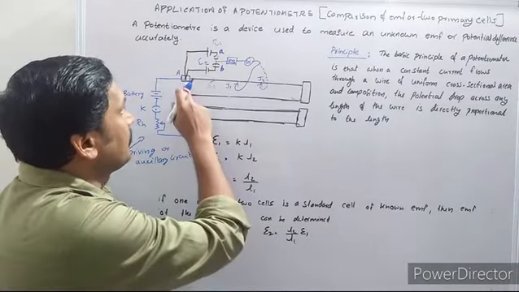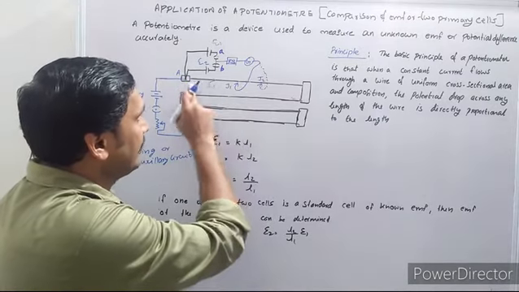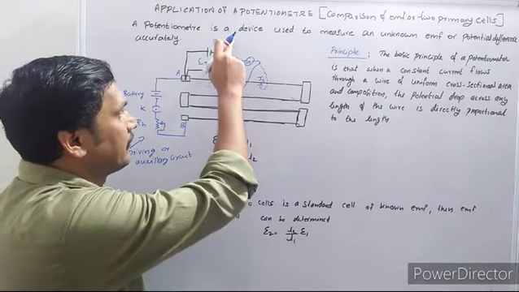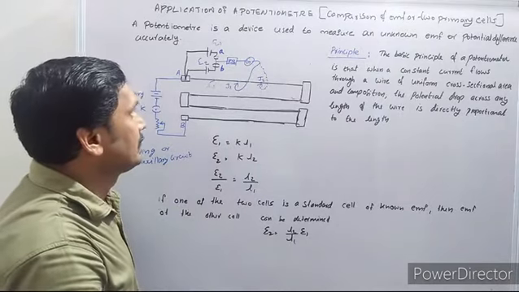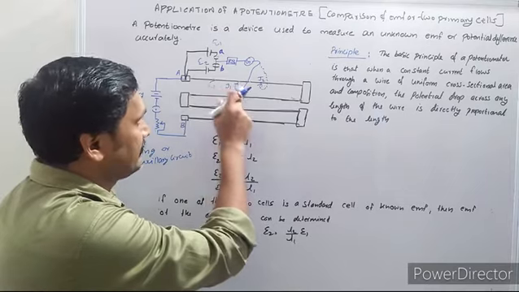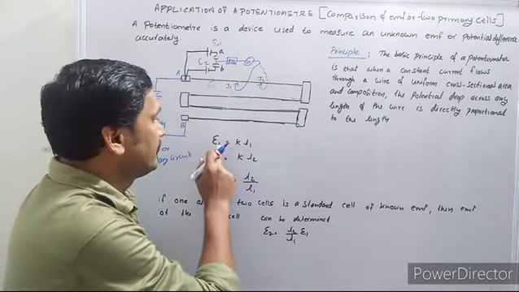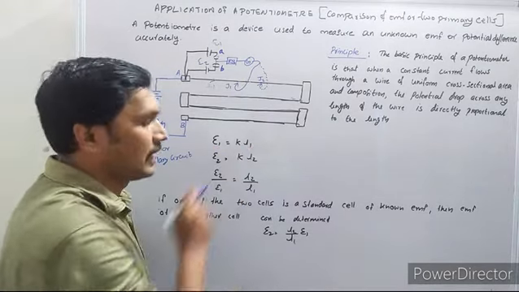Actually, the potential difference between the point A and J1 is balanced by the EMF E1. That's why the galvanometer shows a null deflection. That is, the potential across L1 is equal to EMF E1. So we can write E1 is equal to K into L1.